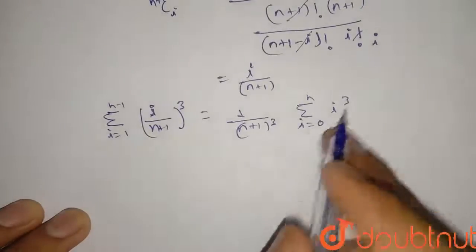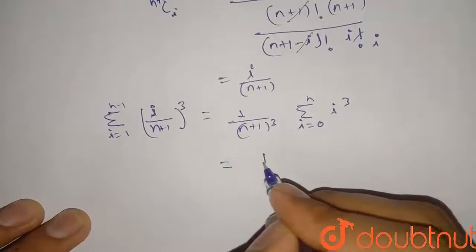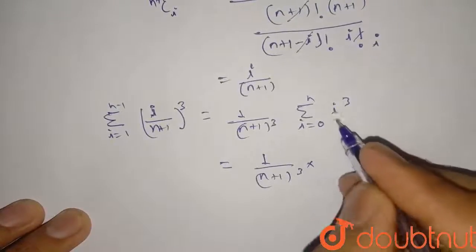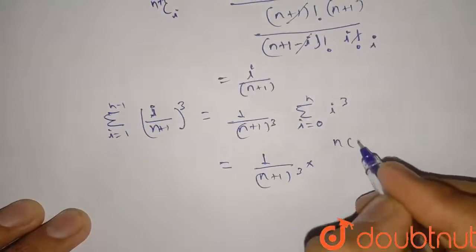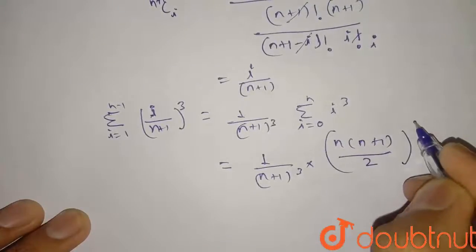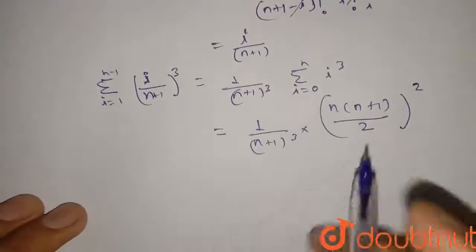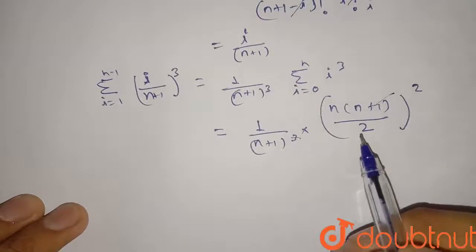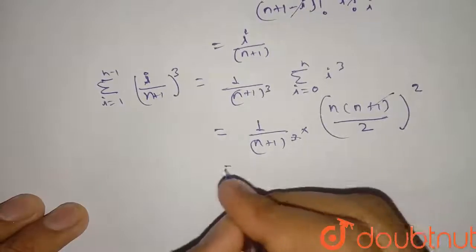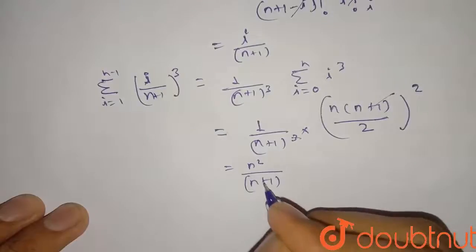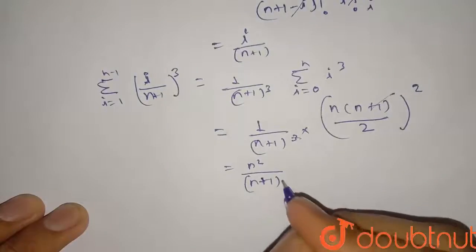So it will be 1 upon (n plus 1) cube, and we know the formula of sum of i cube will be (n into (n plus 1) upon 2) whole square, right? So here (n plus 1) square, and this cube will cancel, and the remaining terms will be n square in the numerator, and in the denominator (n plus 1) into 2 square, which is 4.